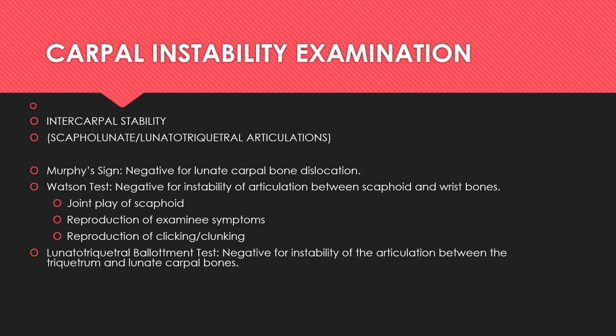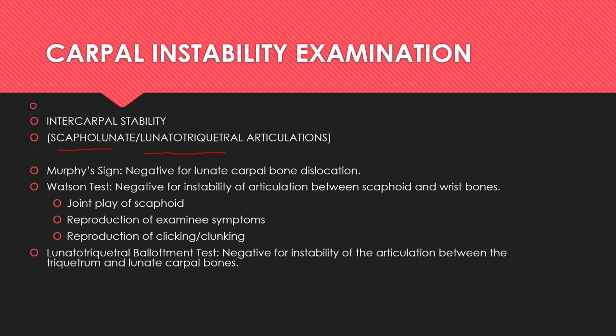For the dissociative form of carpal instability, we're going to be involved with joint play maneuvers that involve various shucking and articulation translation maneuvers involving the scapholunate and lunotriquetral articulations. Here are three examples.